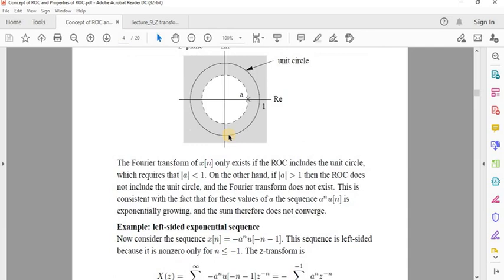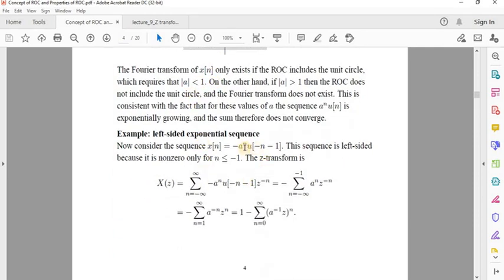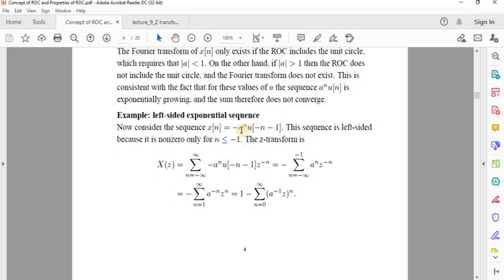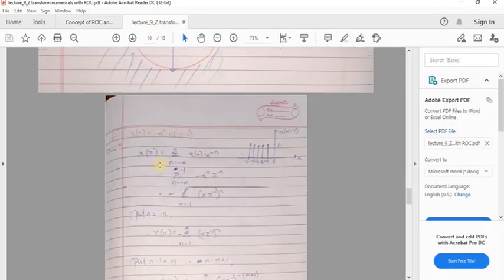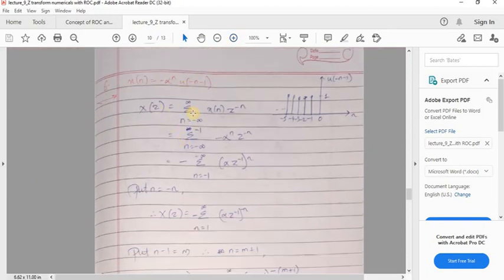Now if we are given an example like a left-hand sequence, which includes a minus in u of n, what will happen? We have also solved this problem here. This is the problem we have solved already. This is the left-hand sequence because u consists of negative terms and a delay time shift.